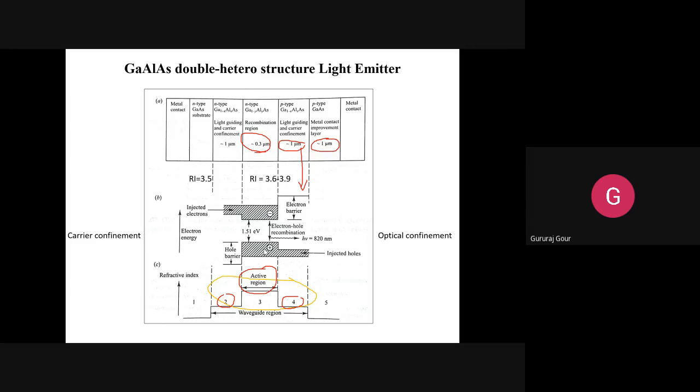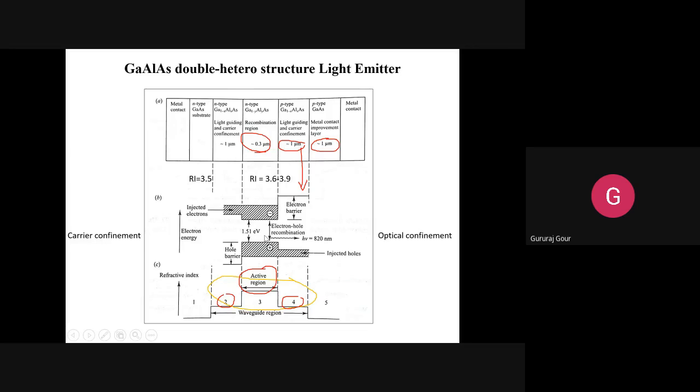More radiance or quantum efficiency will be obtained by reducing that recombination region. That's why it is kept very, very small, 0.3 micrometer, so that it will give you more coherent light. That's why you can see the band gap energy in this recombination region is very small, 1.5 electron volt.